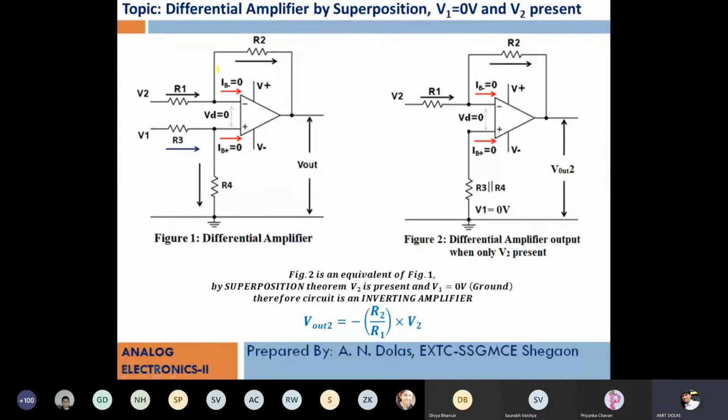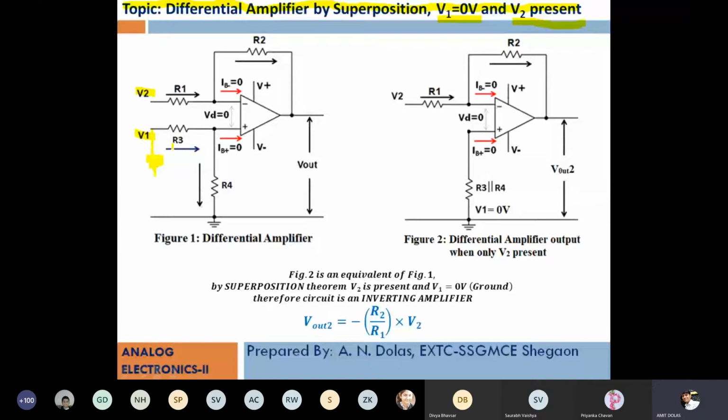The differential amplifier by superposition theorem, where I connected V1 to ground and V2 is present. You can see this is the original circuit, which we saw in the previous slide. After making these changes, that is V1 equal to 0 and V2 active, that is present, V1 will have ground here.